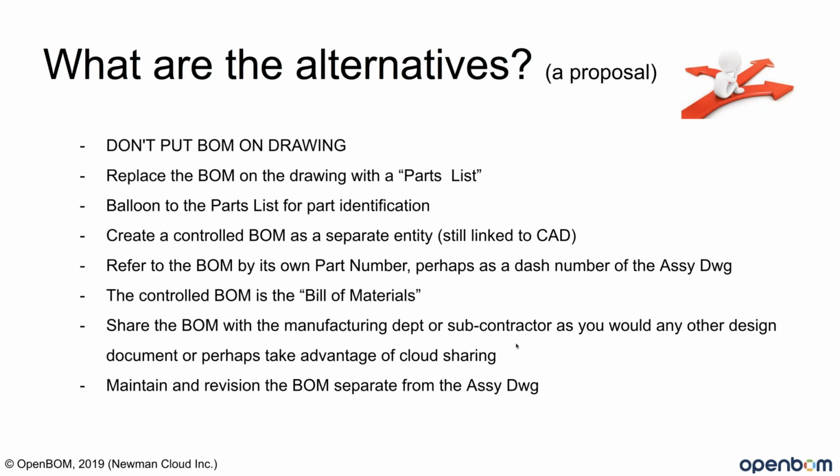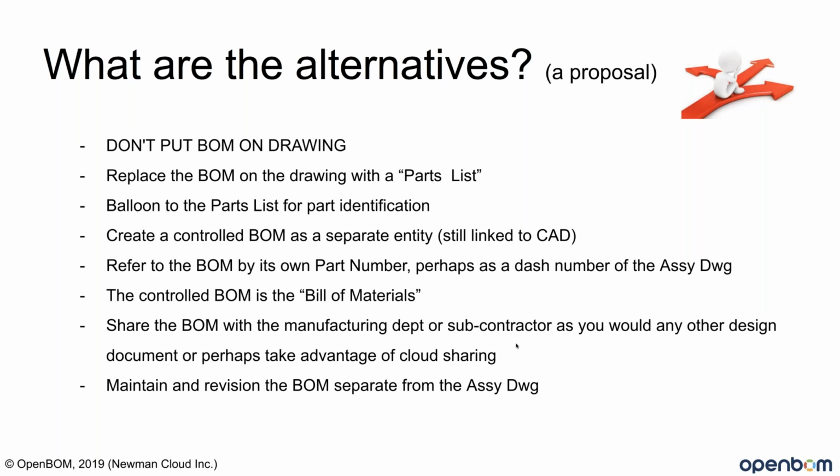We are going to view an example where perhaps I've got some ballooning or other things that are important to my assembly drawing, so I don't want to lose that information. So we're going to replace it with something like a parts list, something that's not quite so volatile, that doesn't change quite so much, but still gives us that connection between the balloon numbers and part IDs and the geometry. We're going to look at that in just a second.